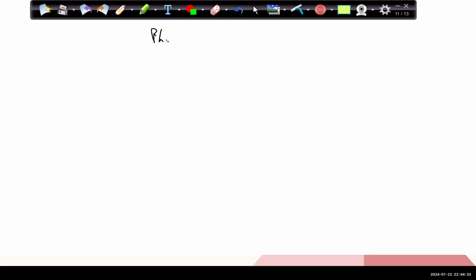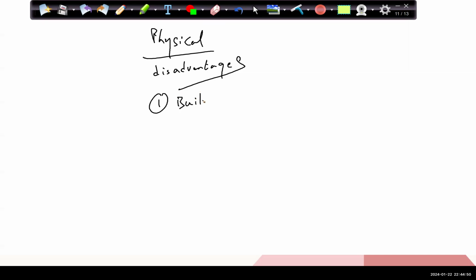So the physical machine disadvantages: building footprint. This is a problem because if I need 100 machines, I would buy a huge building or take it for rent, right, and host it.